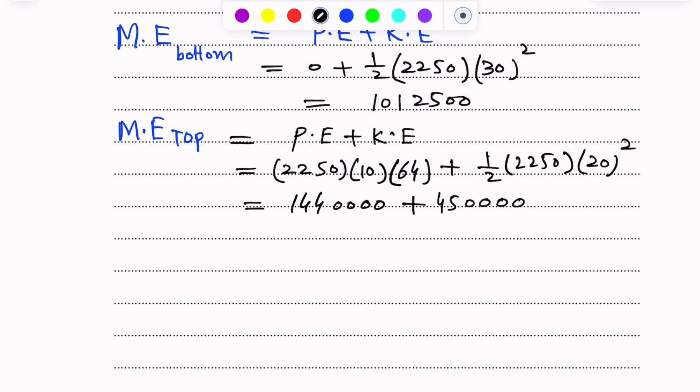So mechanical energy at the top will be, adding these two terms, we get 1890000 joule.